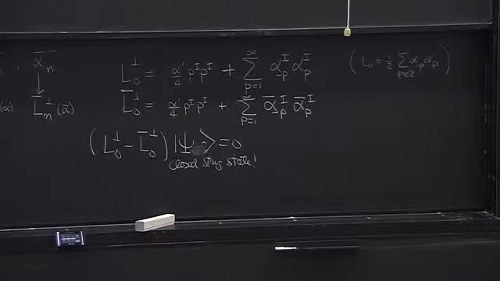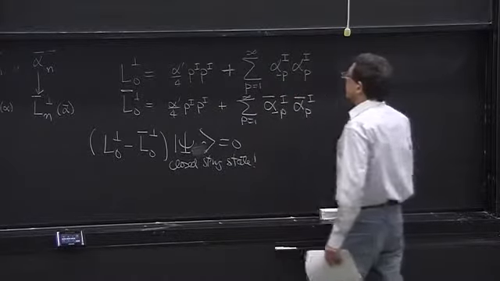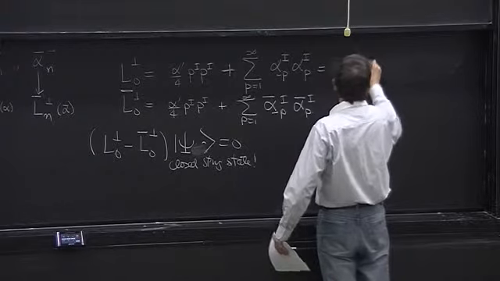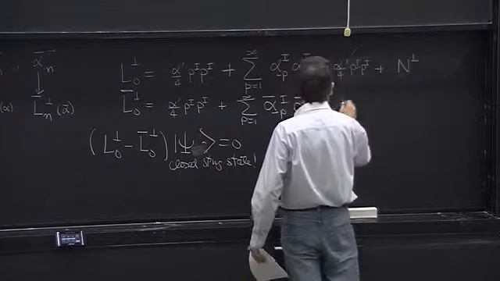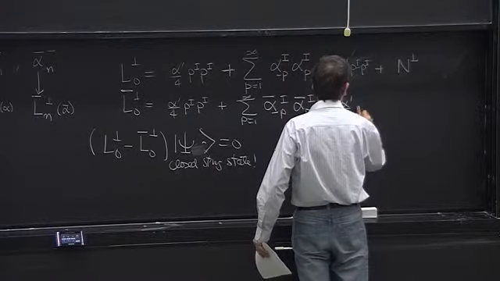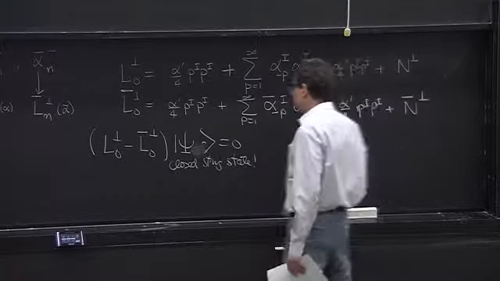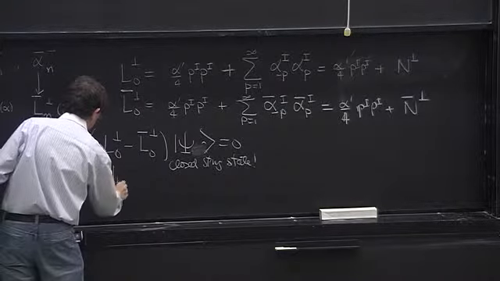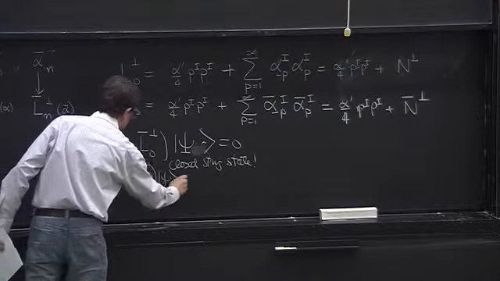L0 here, written this way, is equal to alpha prime over 4 p squared plus the number operator, perp, and here alpha prime over 4 p squared plus the barred number operator. So this is equivalent to saying that N perp minus N perp bar also kills the states.